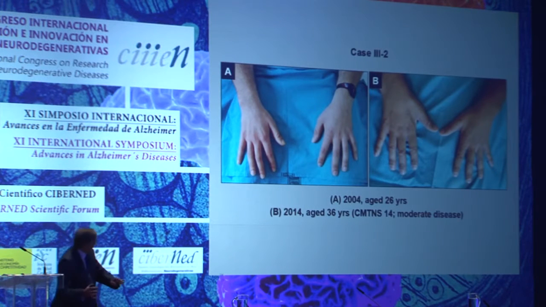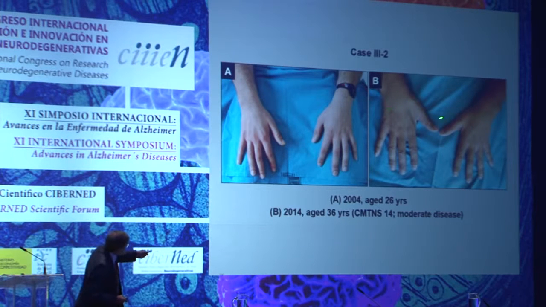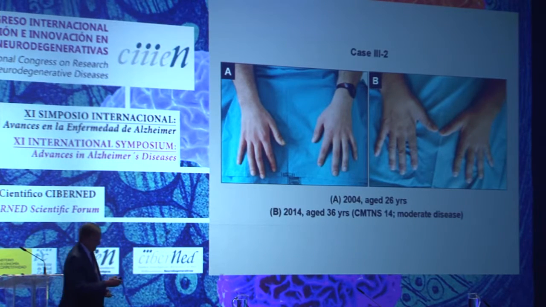Okay, the older brother of the proband, who is 26 years old in 2004, 36 years in 2014. You see incipient but not clear atrophy of the first interosseous, but 10 years later there is progression with clear atrophy of the first dorsal interosseous.